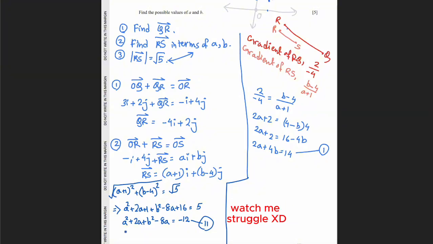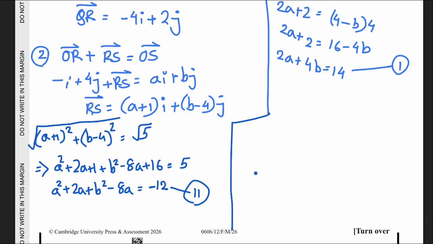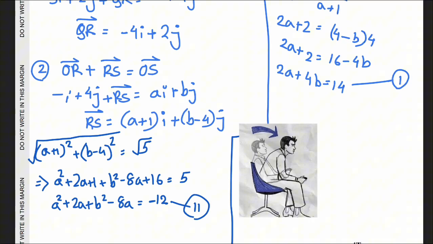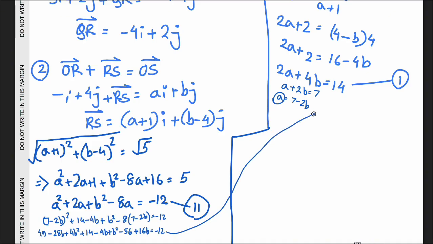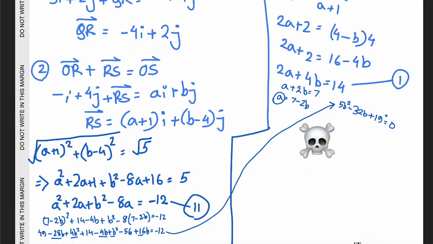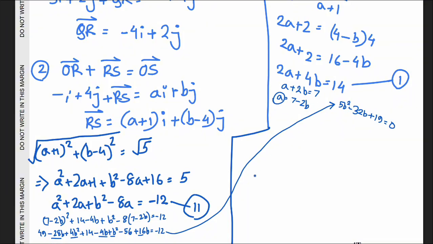Is this correct? Wait, for this one I need to zoom in. For the first time I have zoomed this much. Let's divide this by 2, so our a is going to be 7 minus 2b, and we substitute a over here, and then we pull everything on this side. This is one hell of a math.